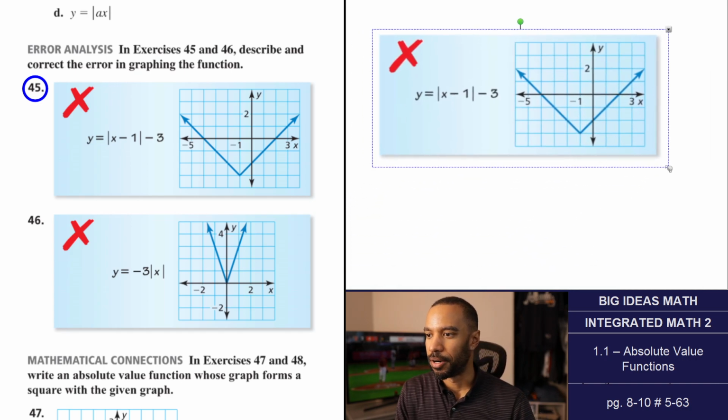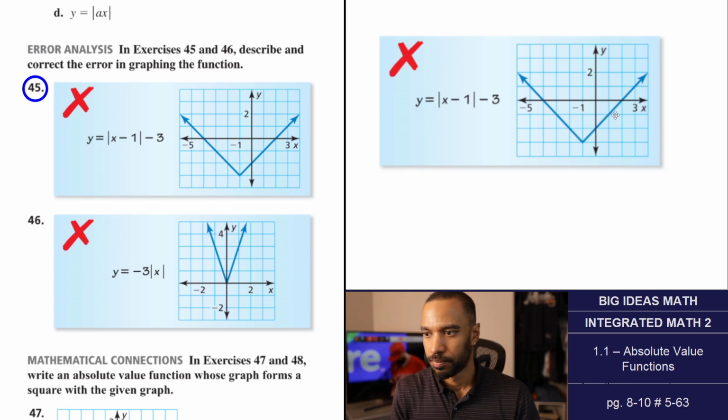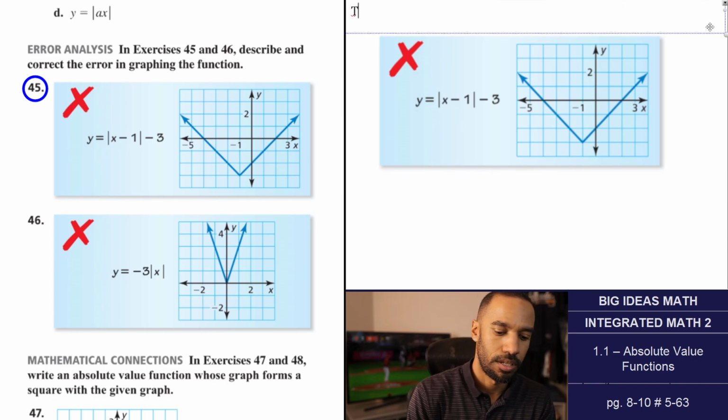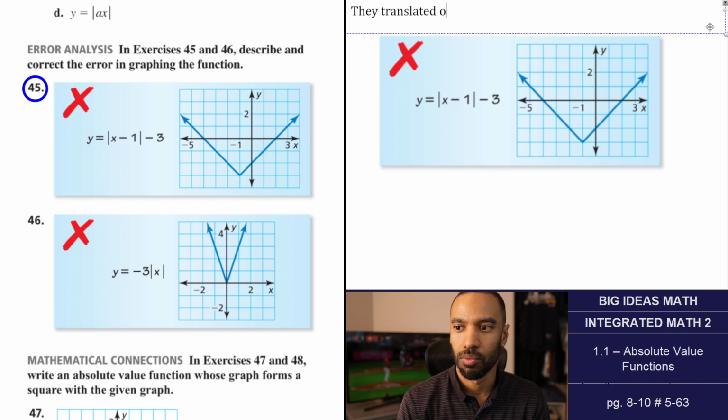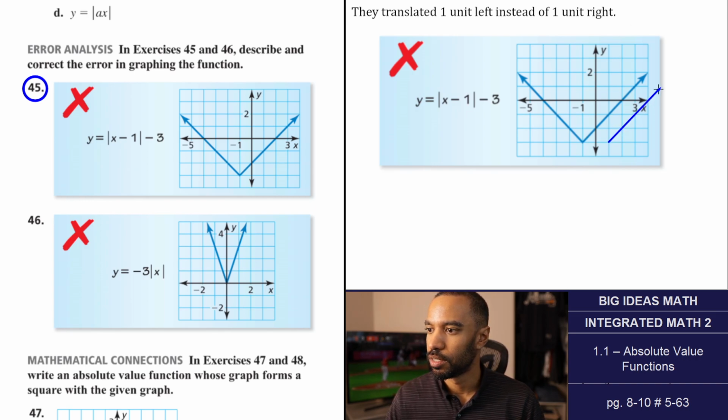All right, the error. The error is that they translated 1 unit to the left instead of 1 unit to the right. Everything else looks fine. So in terms of fixing that, I'm going to graph this over here. And that would be the corrected version.